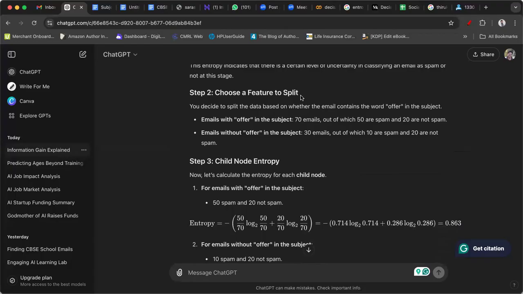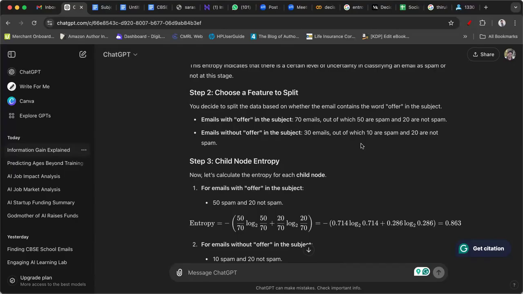I want to break this down to decide whether to send it to spam or keep it in my inbox. So you decide to split the data based on whether the email contains the word offer in the subject. Emails with offer in the subject: 70 emails, of which 50 are spam and 20 are not spam.